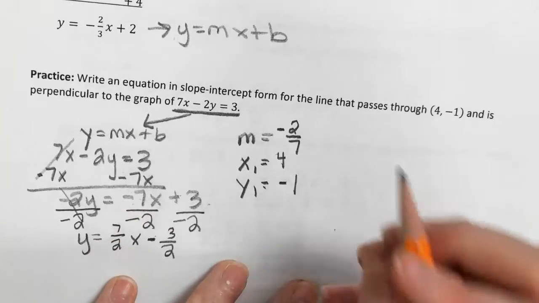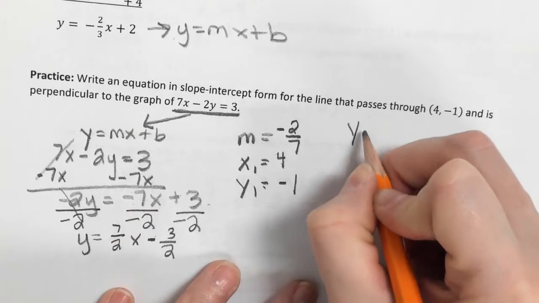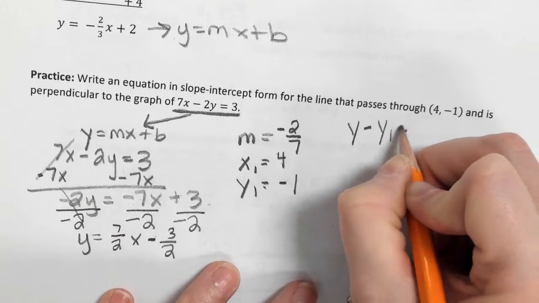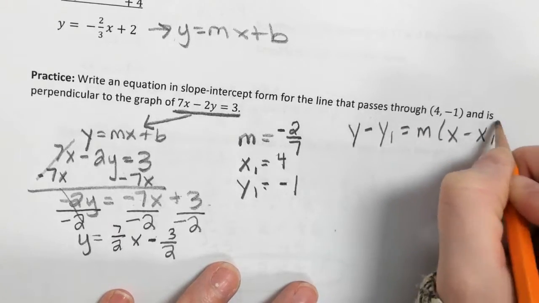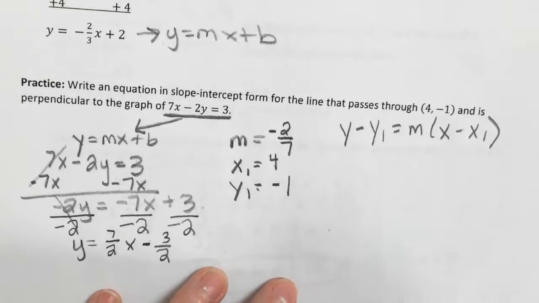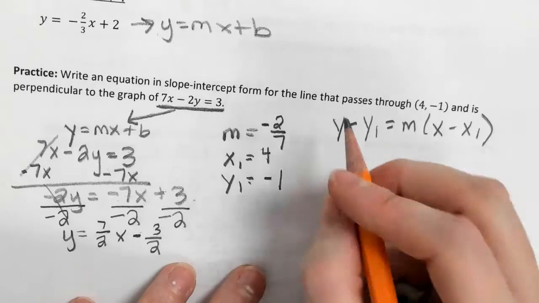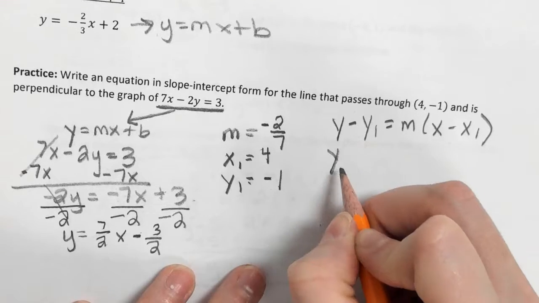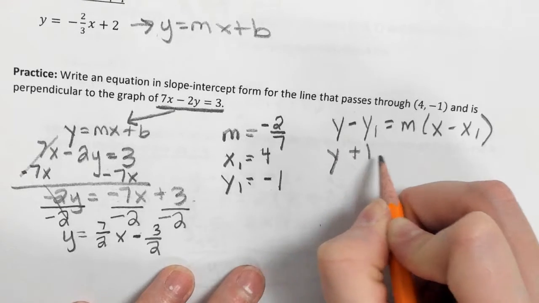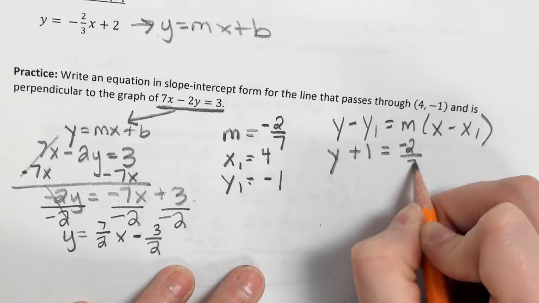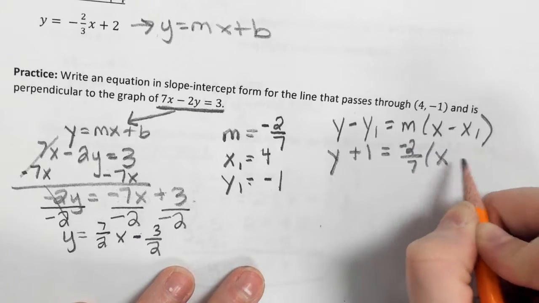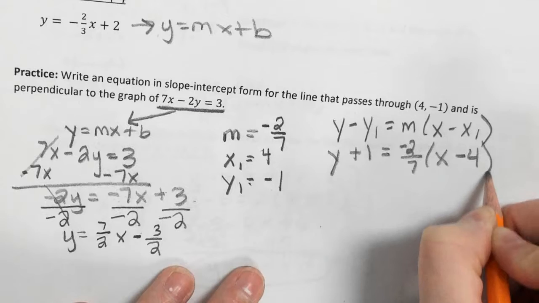And we're plugging that into point slope form. So I have y minus negative 1 or plus 1 equals negative 2 over 7 times x minus 4.